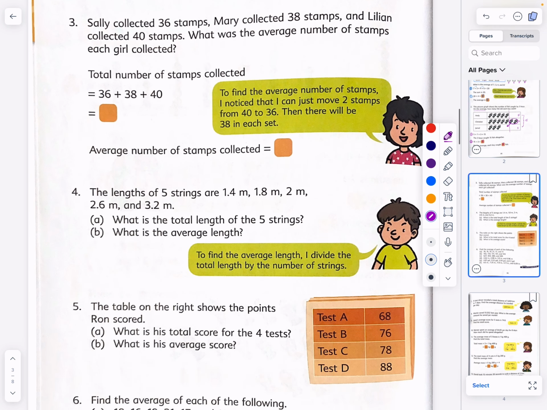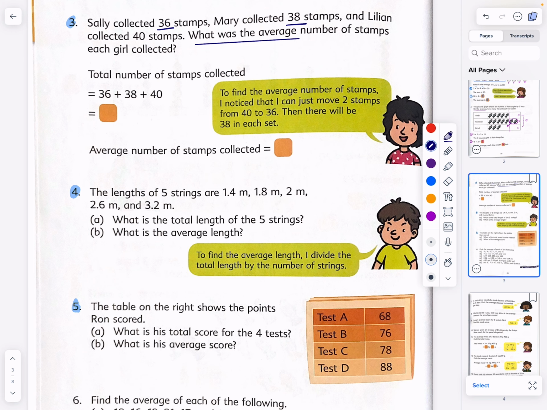Now, let's read problems 3, 4, and 5. So let me highlight them. Let's continue building our understanding of average. Sally collected 36 stamps. Mary collected 38 stamps. Lillian collected 40 stamps. So 36, 38, and 40 collected by 3 people. What was the average number of stamps each girl collected?